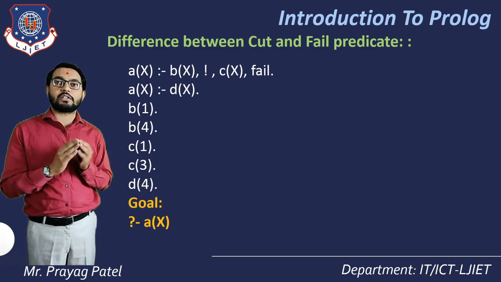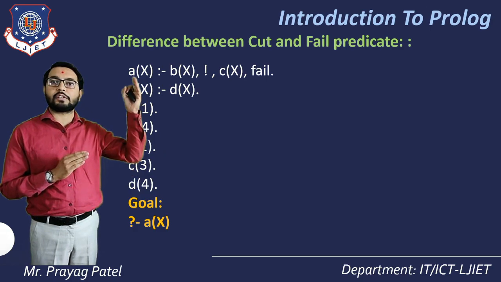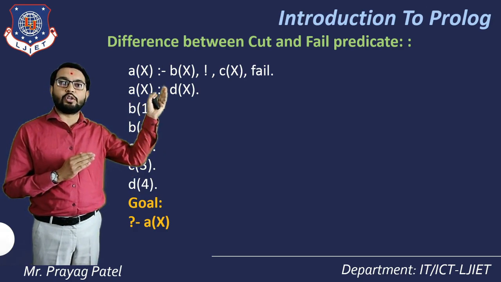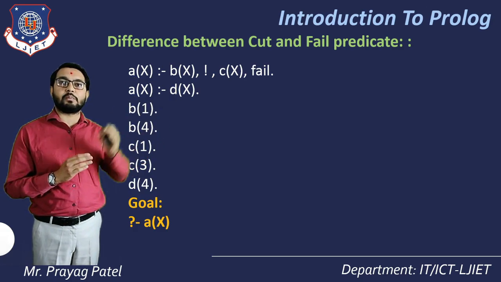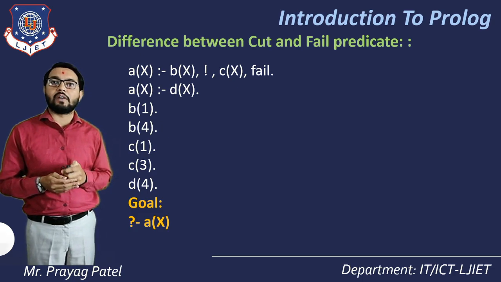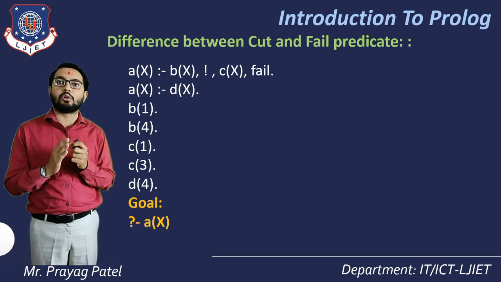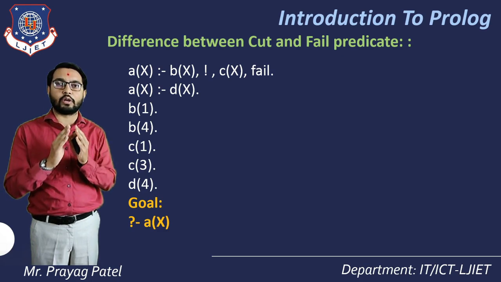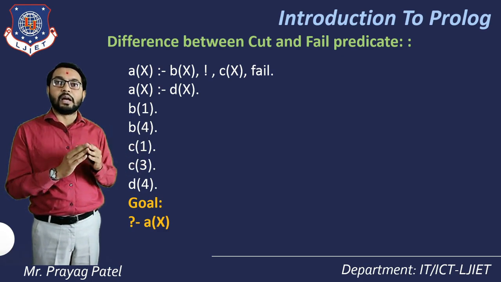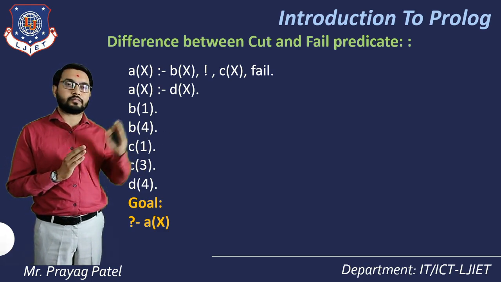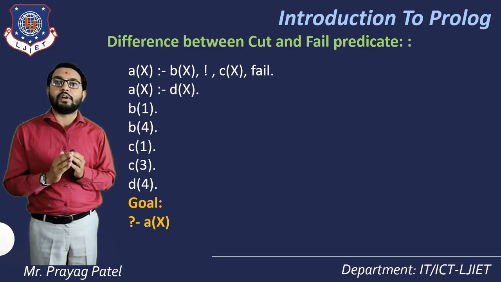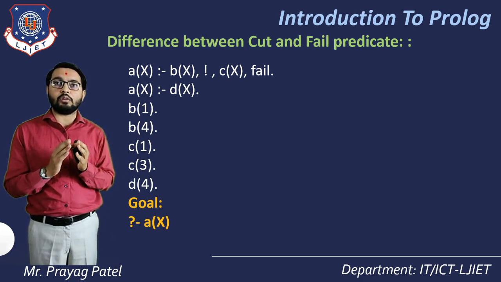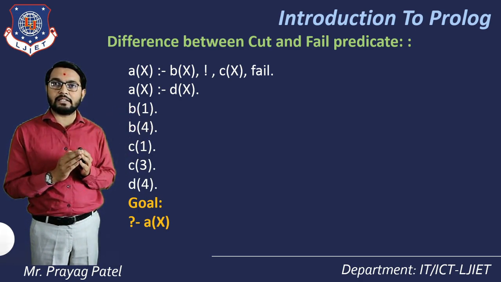For that, first we check A(X), the first rule. Execute this. The right side portion of the first rule is B(X), so first find the value of B(X): X equal to 1, so B1 is found. Here the X value equal to 1. After that comes the cut. Now the next goal is C(X), which means C1, because X equal to 1 is finalized.